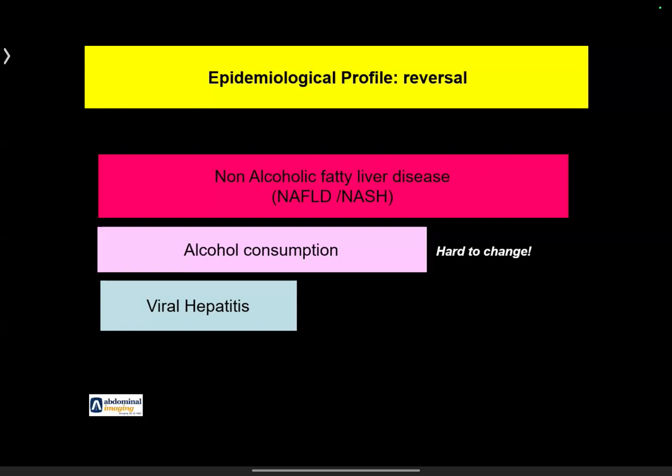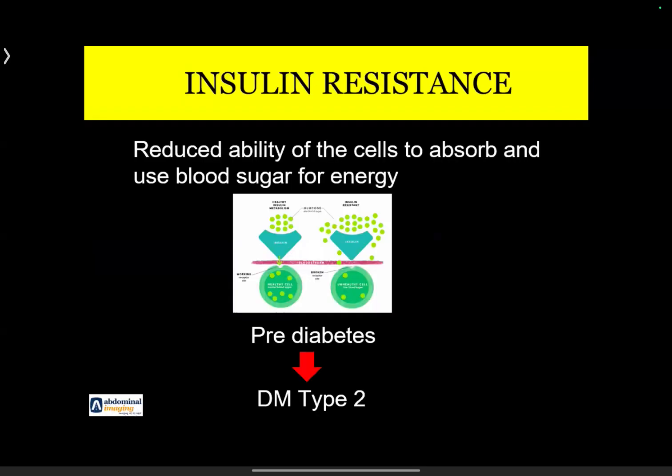So now there is an epidemiological full reversal. Viral hepatitis is now the third leading cause, while fatty liver disease is the most common cause of liver disease. And the main pathophysiology revolves around insulin resistance. Insulin resistance is nothing but the reduced ability of the cells to absorb and use the blood sugar for energy.